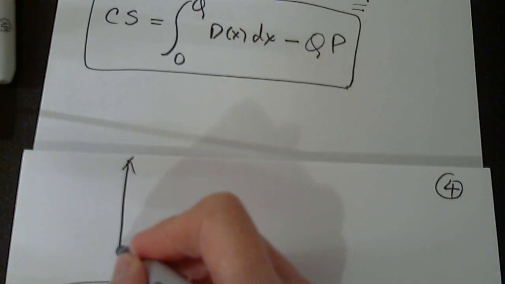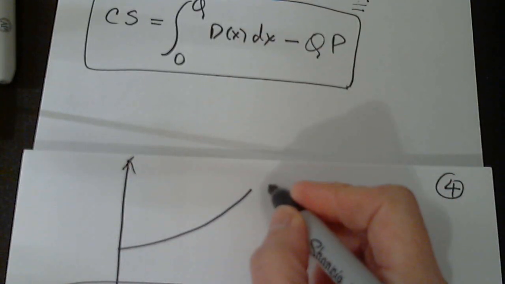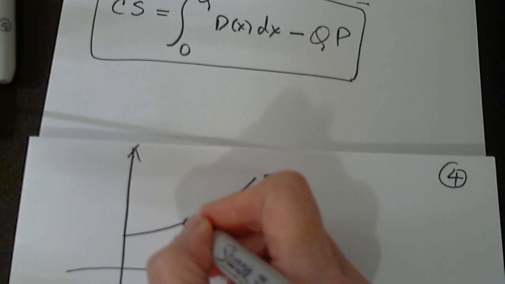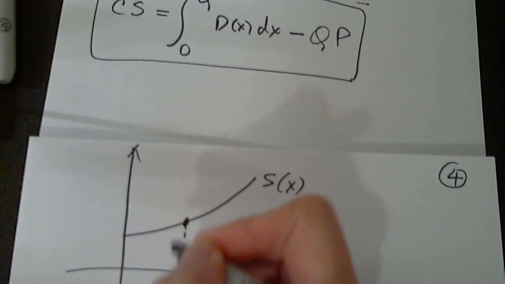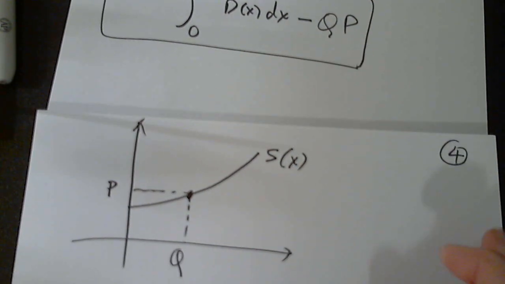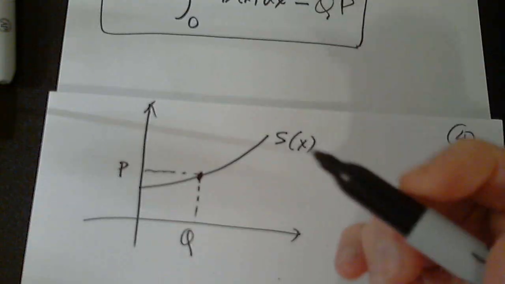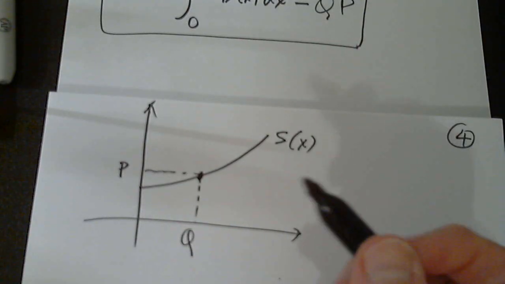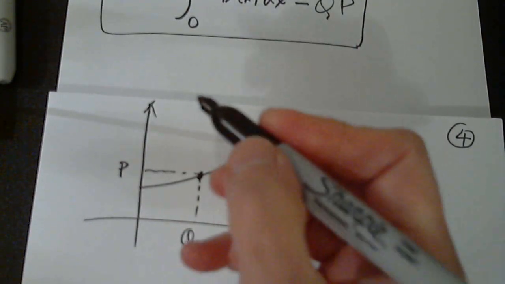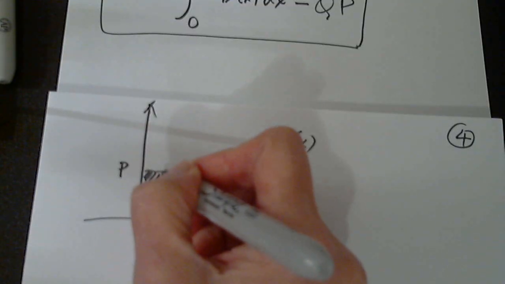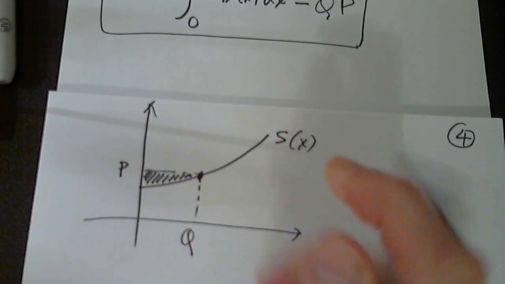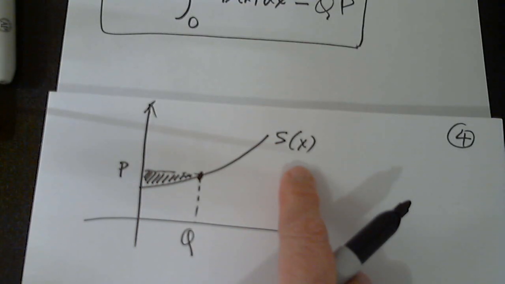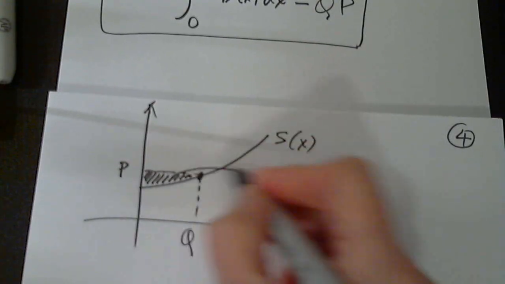So here is the producer or the supply curve. Let's say this is the point. Again, this is the Q. This is the P. Now, in this particular case, this is the producer surplus.